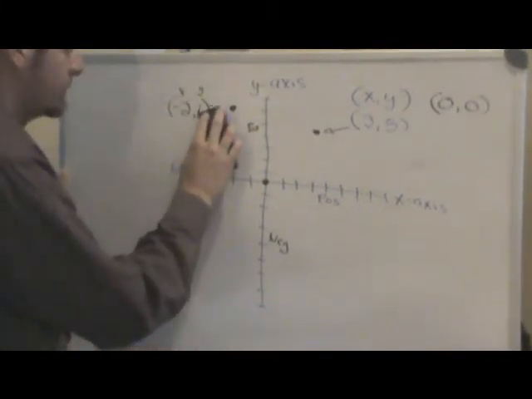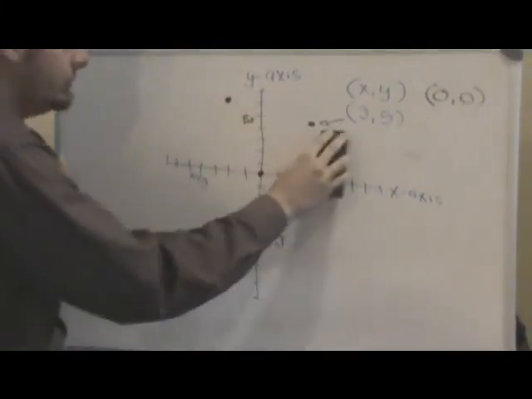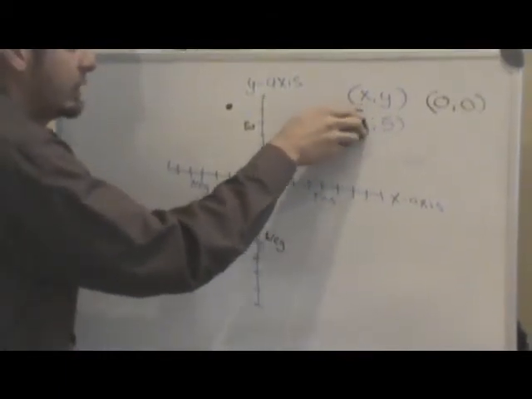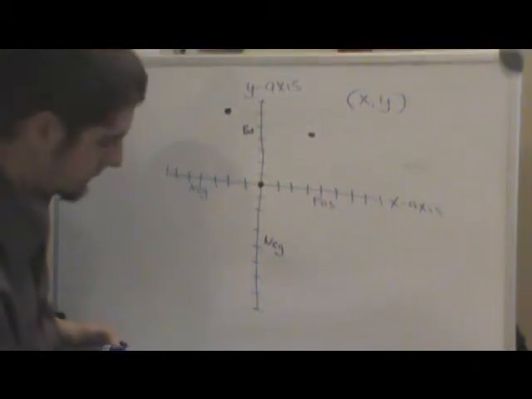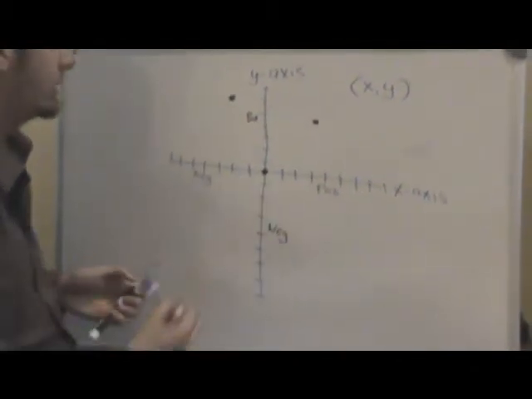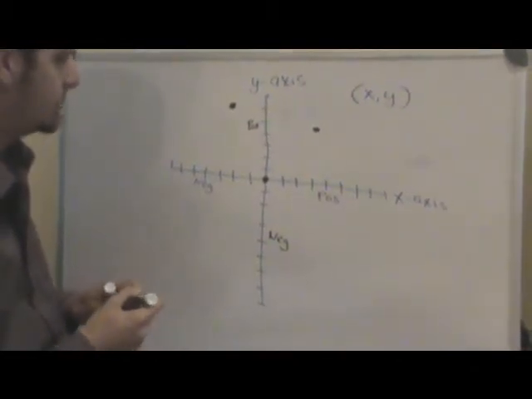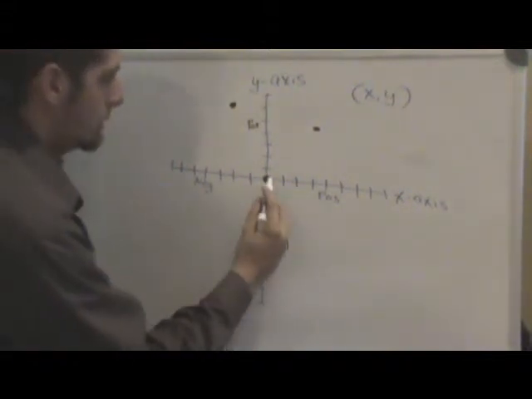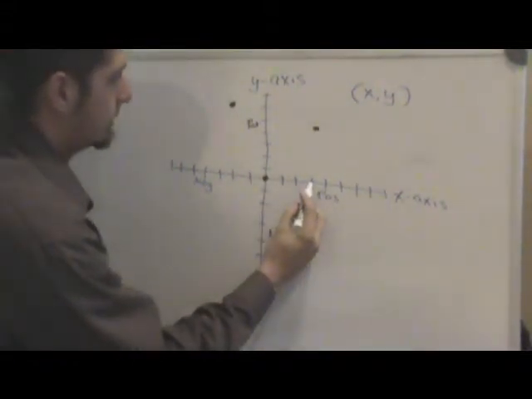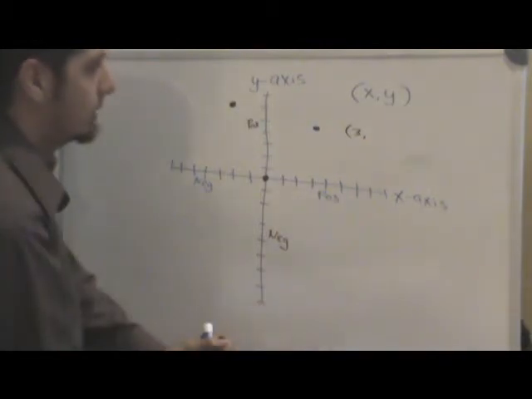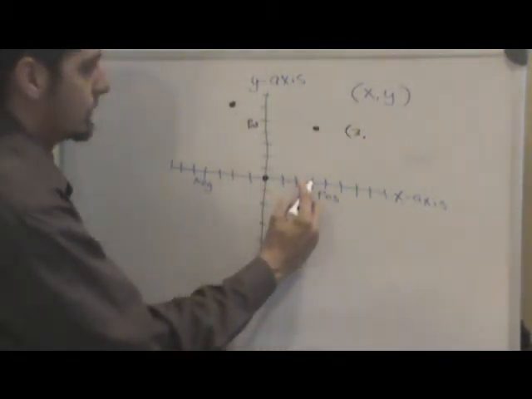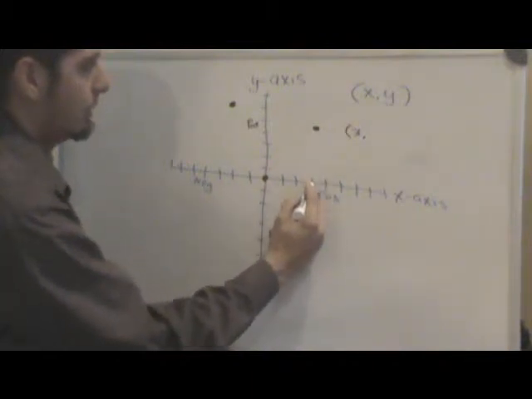You can also use this information to take a look at a point and figure out what its ordered pair is. Let's say you don't have the ordered pair, but you have the point. Well, here's the point. So if I wanted to make its ordered pair, I would go 1, 2, 3, and I would see that when I move over 3 spaces, I'm lined up with my point, so I would know that my x-coordinate is 3, because I moved over 1, 2, 3 spaces to become aligned with my point.